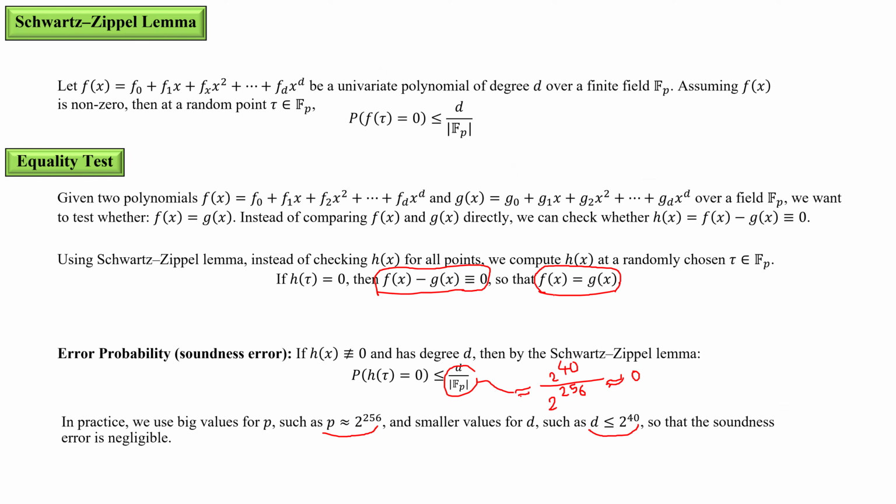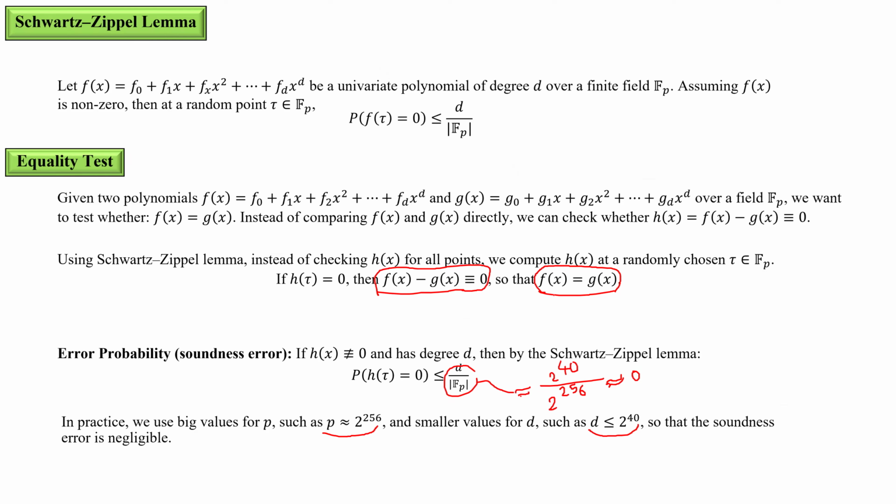So let's review the equality test again. If you have two polynomials f of x and g of x, and you want to ensure that they are equal to each other, you don't need to compare all the evaluations from these two polynomials. Just pick a random point like tau, compute the polynomial h of x equals f of x minus g of x, and compute h of tau.